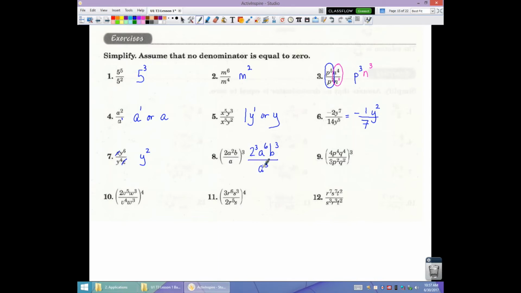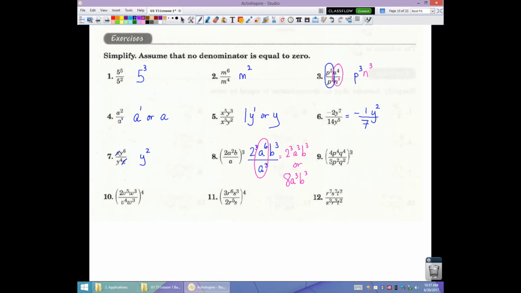Now, can that be simplified further? Well, I have a's in both the numerator and denominator, so I use my quotient of powers rule. 6 minus 3 is 3, so this becomes 2 to the 3rd, a to the 3rd, b to the 3rd, or 8, a to the 3rd, b to the 3rd.